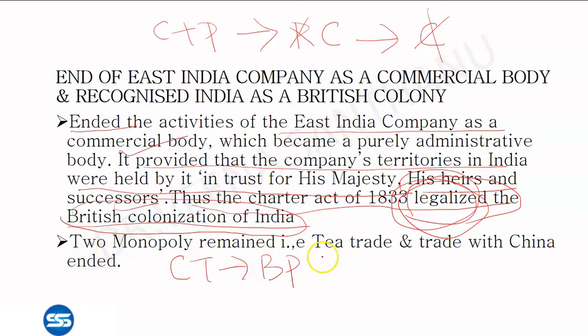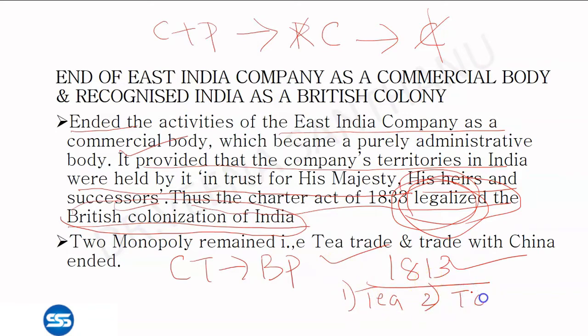Two monopolies remained: tea trade and trade with China. That is in the 1813 Act, the two monopolies of the British East India Company were retained. One was tea trade and the other was trade with China.